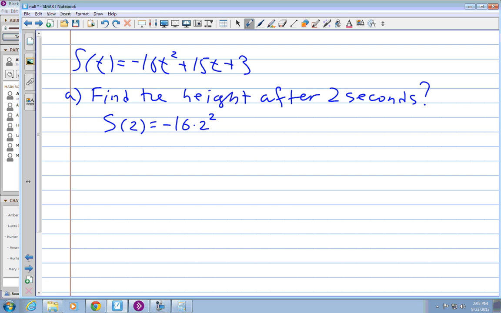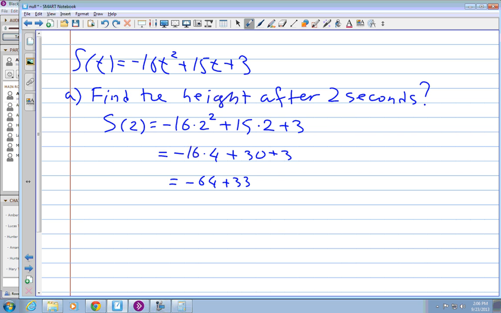at 2 seconds, if it works, actually. 2 seconds might be too long of a time. It might have landed after 2 seconds. But what do we get? We get negative 16 times 4 plus 30 plus 3. So negative 64 plus 33.